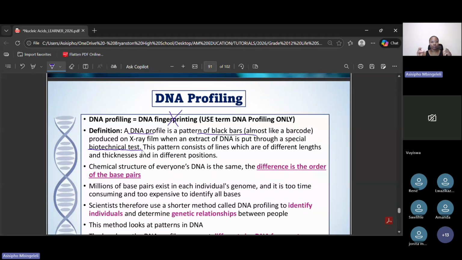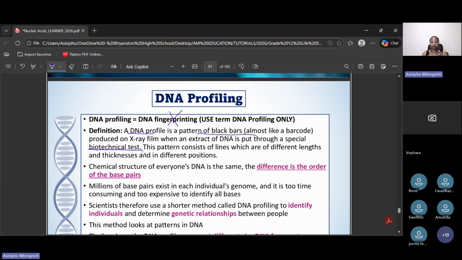Think of a barcode. Everything that we buy has a barcode, and that barcode is normally specific to that particular product. So now that means those bars or lines that they are able to read after they put your DNA through that biological test will be unique to you. So each and every individual should have their unique DNA.